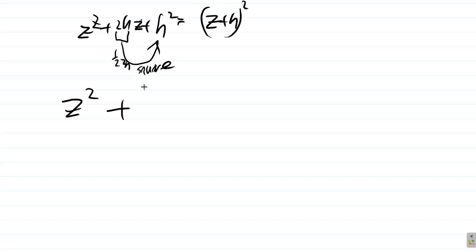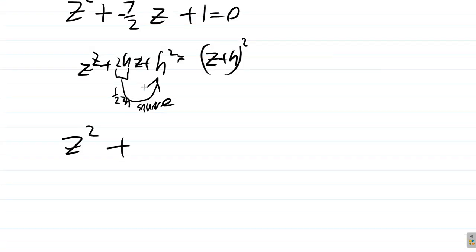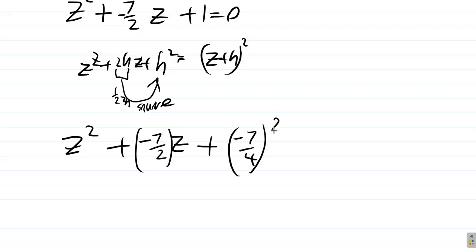So the number that multiplies z is negative 7 over 2, times z, plus half of negative 7 over 2, squared, which will be negative 7 over 4, squared.